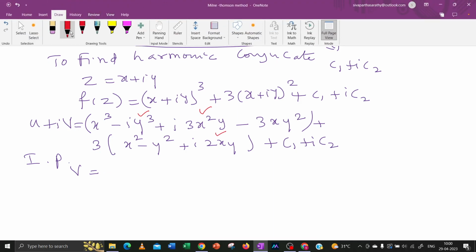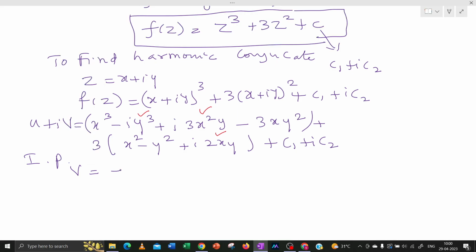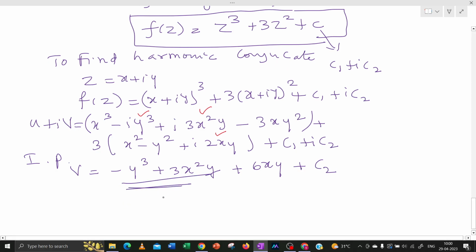We get v equal to minus y cube plus 3x square y plus 6xy plus the constant c2. So this is the procedure to find the analytic function, then to prove it is a harmonic function, and then find the harmonic conjugate.